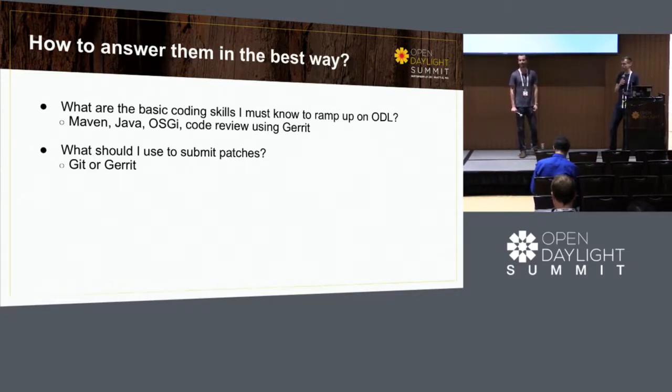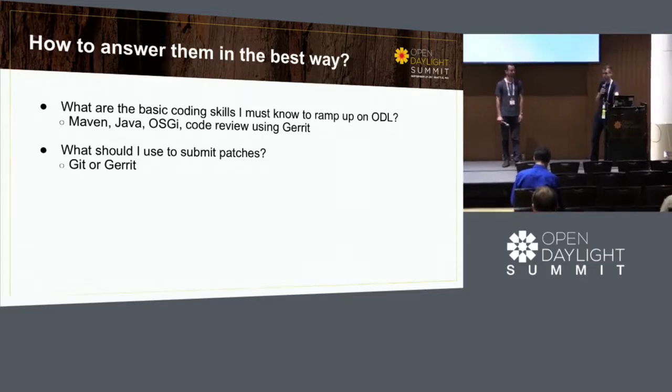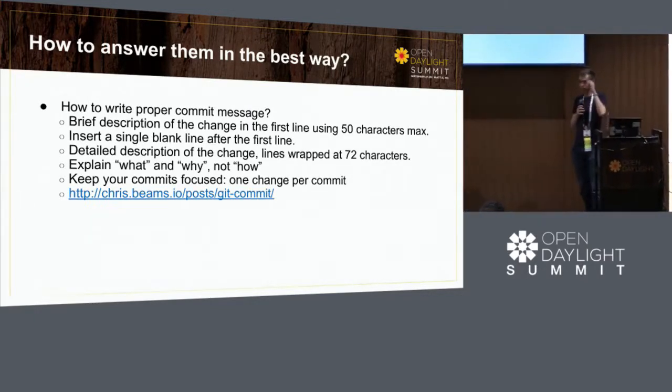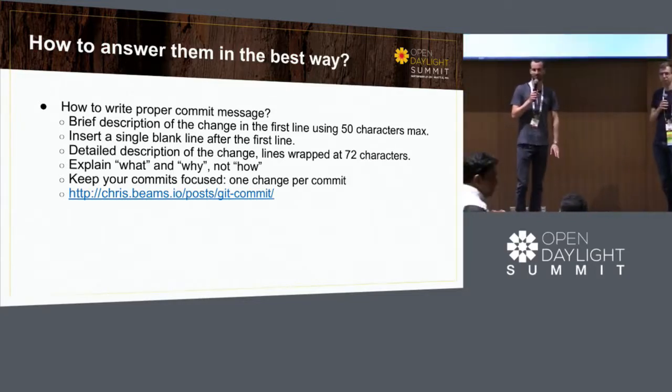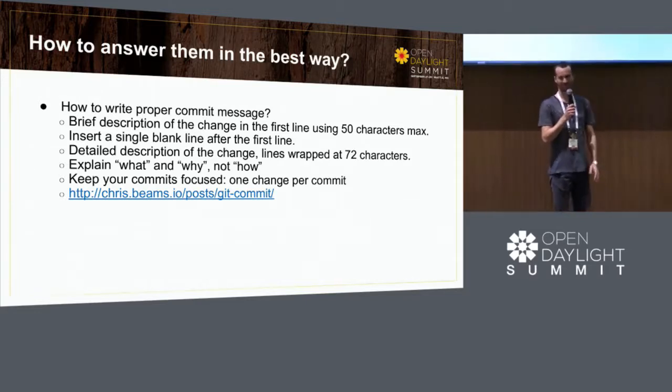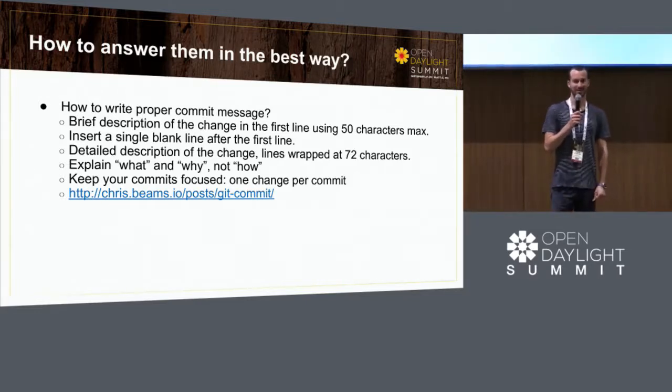What do you need to know to actually submit patches? Well, that's Git and Gerrit, but we've got documentation on the wiki that'll help you to do that. But I believe folks here are aware of Git and how it works, pretty much. Yeah, all right, because that's the real basics for OpenDaylight.